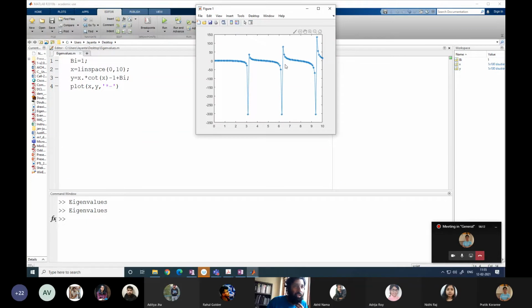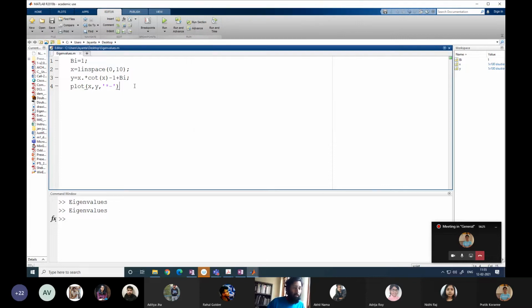Yeah, you see that there is no value between these two, so there is a discontinuity. Okay. And now we have to find the zeros. Where it touches zero, those are the roots of this. So let me put hold on.